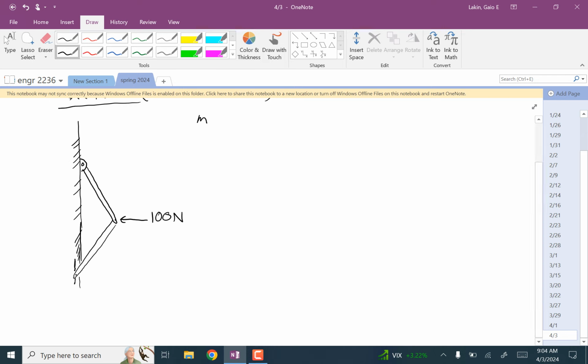The masses were each 1 kilogram, and the lengths of each of those members was 1/2 meter.